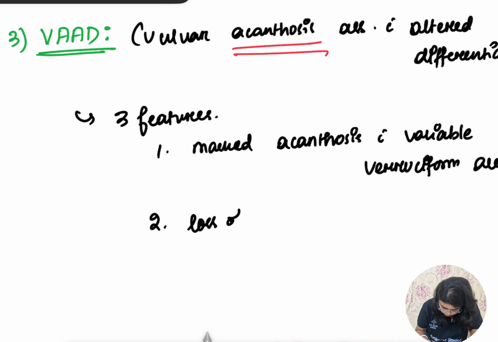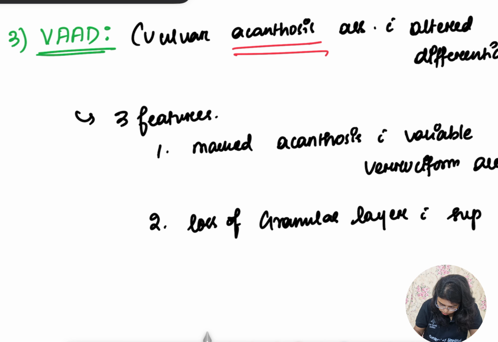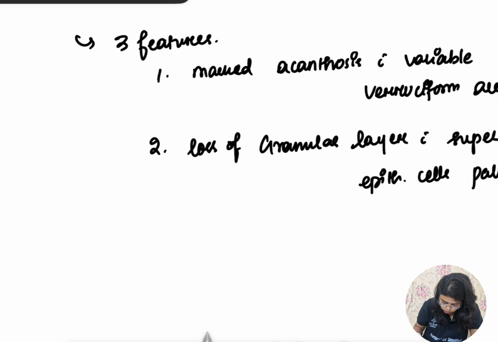Second is the loss of the granular layer, with superficial epithelial cell pallor.